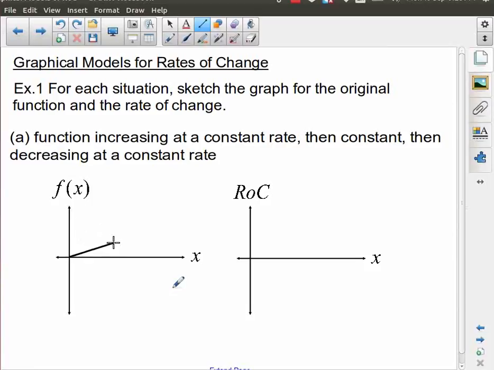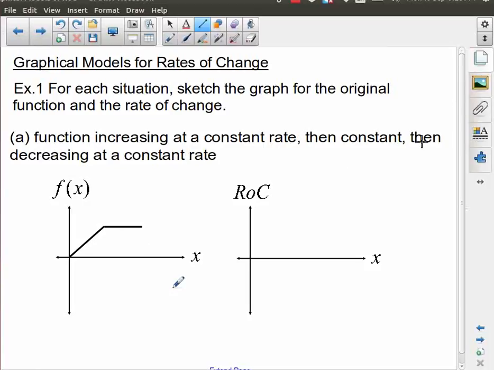Better to go shallow rather than too steep, because steep doesn't give you a lot of room to work with, and you probably might guess the best thing to do is choose something in the middle. So I'm going to choose something here. It's arbitrary, but this function is increasing at a constant rate. Then the function stays constant, so that would mean that the function is not changing for a while.